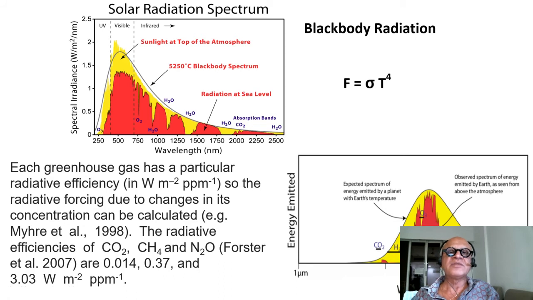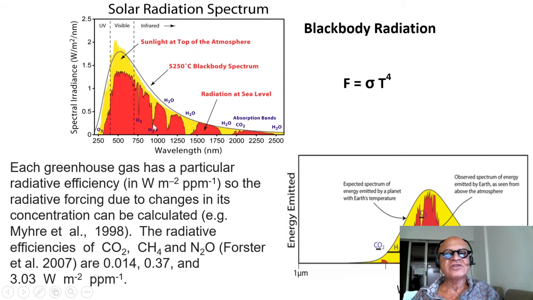Blackbody is anything that's a perfect emitter, so it takes all the energy it receives and then emits it, unless its emissivity is less than 1. So the radiation reaching sea level is different than what is coming at the top of the atmosphere, because you have these constituents of the atmosphere which can absorb or allow the shortwave to go in.